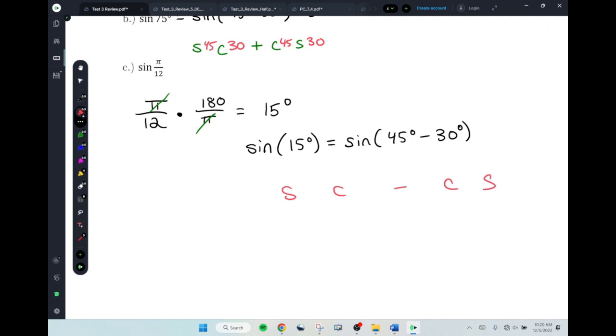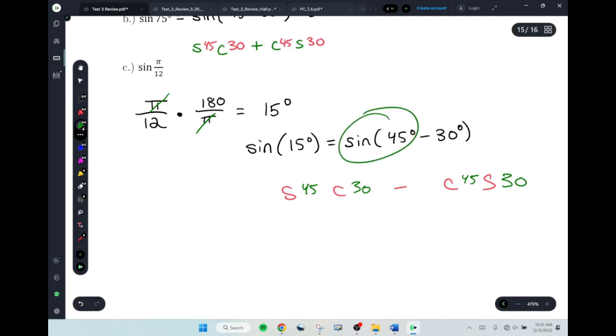That's what I do, so I don't have to try to memorize the formula. And then I fill it in with 45, 30, 45, 30. Make sure nothing's repeating. Make sure the sign's the same. Make sure I started with what I started with. The first two things match. You start with what you start with.